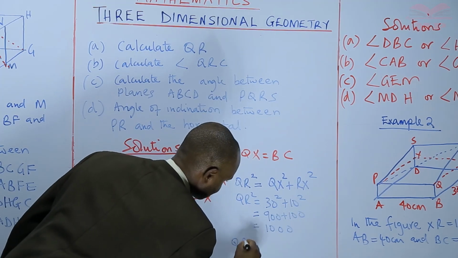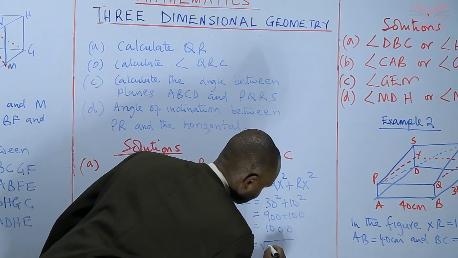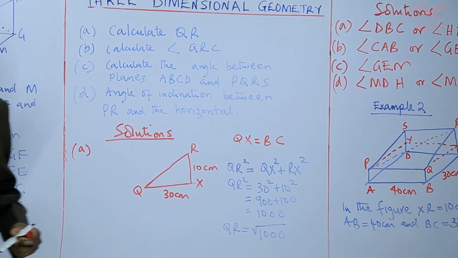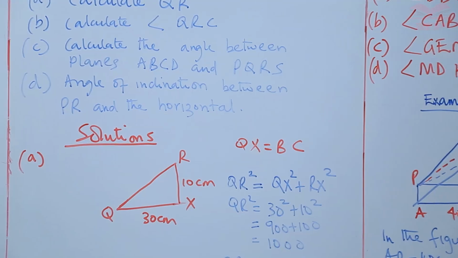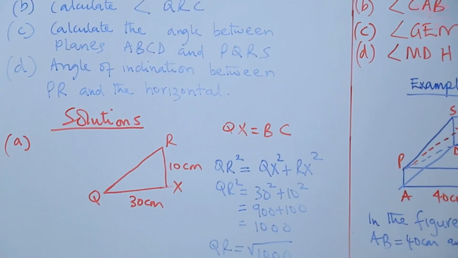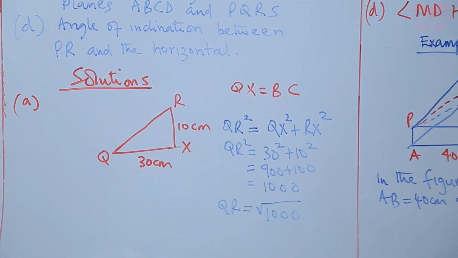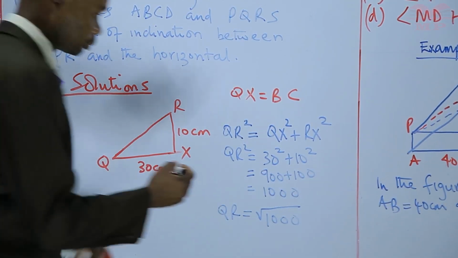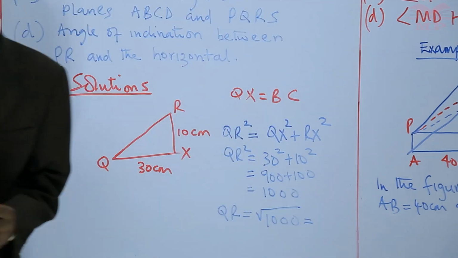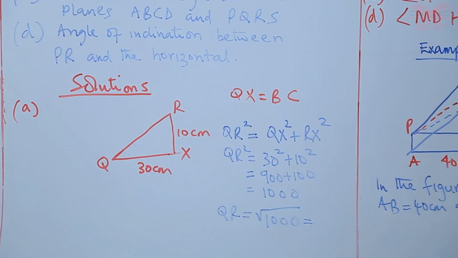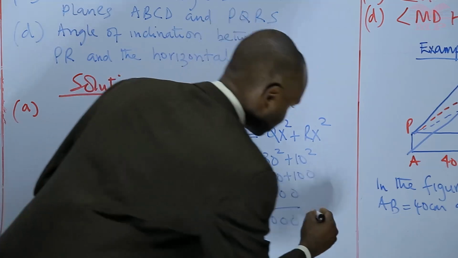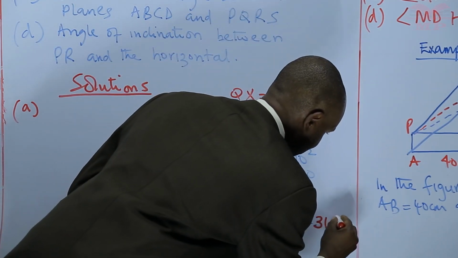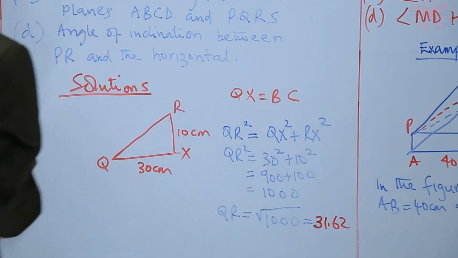So QR will be equal to the square root of 1000, which you will need to work out very fast. Square root of 1000 gives 31.62. We move to the second question.